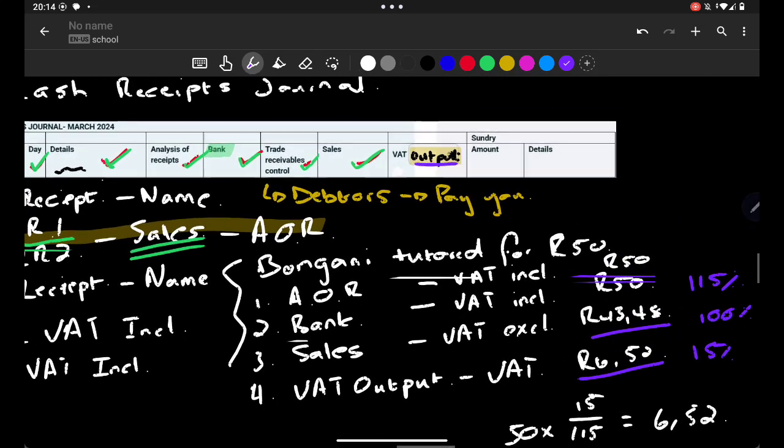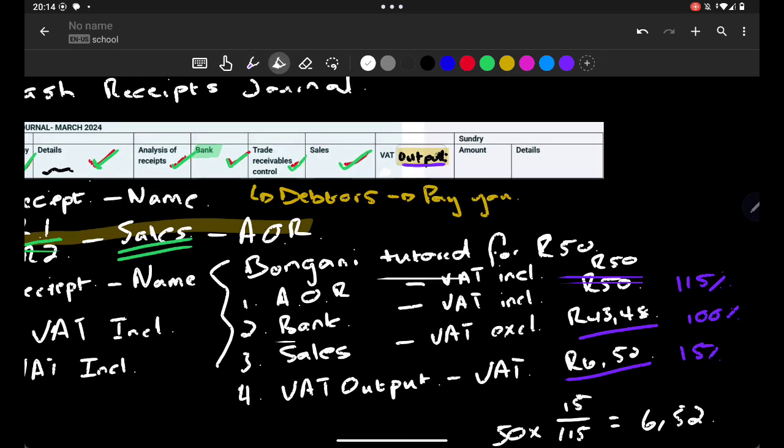Then your sundry accounts. Your sundry accounts is not a dump. It's an everything else column.